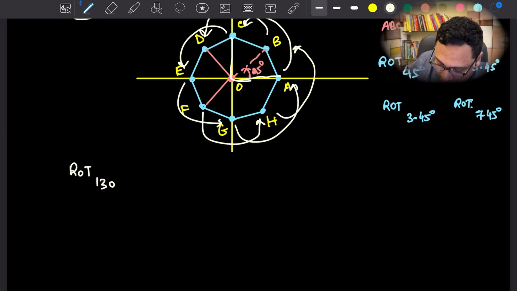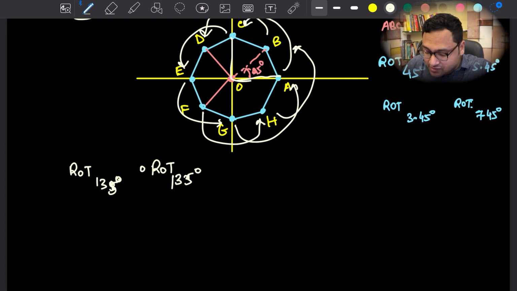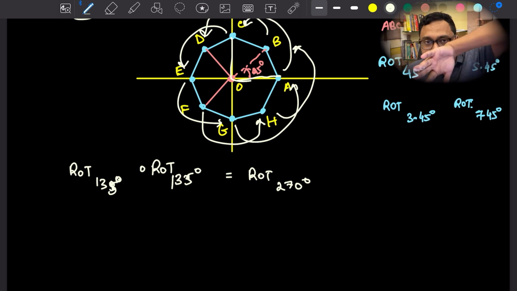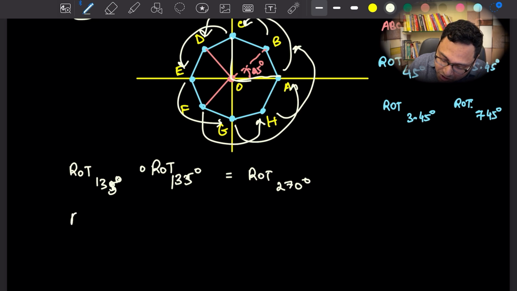Rotation by 135 degrees, if you do it twice, you will get rotation by 270 degrees, right? You first turn by 135 and then you turn by another 135.